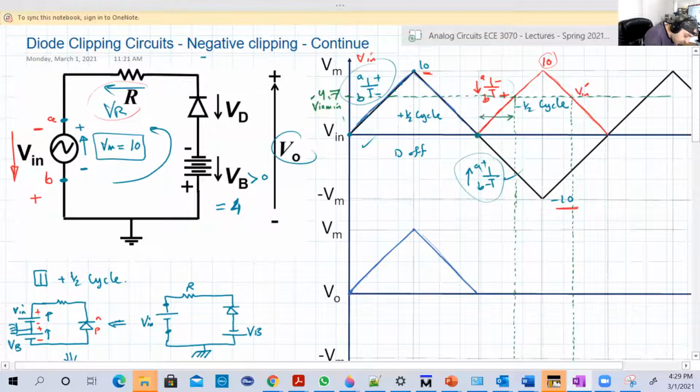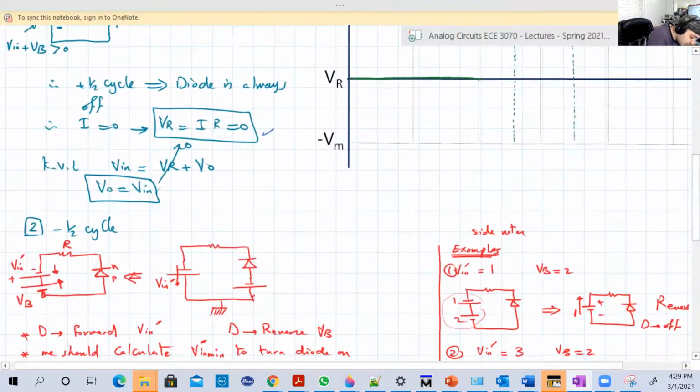From that point to that point, the input dash is less than the input dash minimum. And again, from that point to that point, the input dash is less than the input dash minimum. Remember, this is the input dash minimum. This is the 4.7. So all these values are less than the input dash minimum. So from here to here, we have 0. And from here to here, we have still 0.